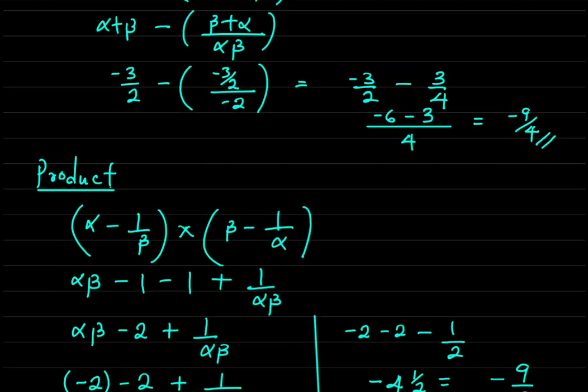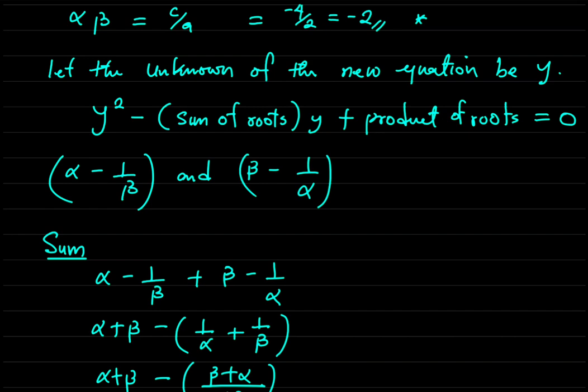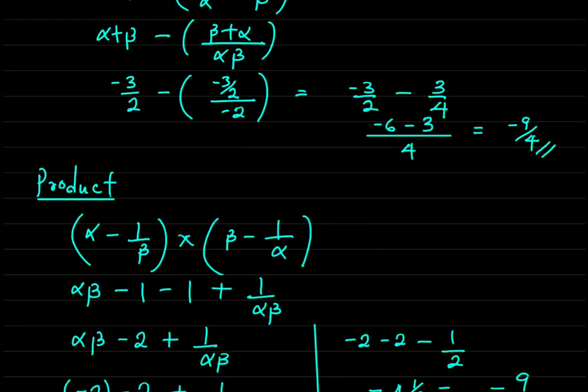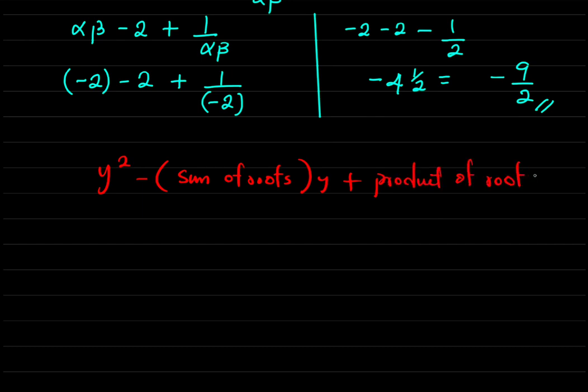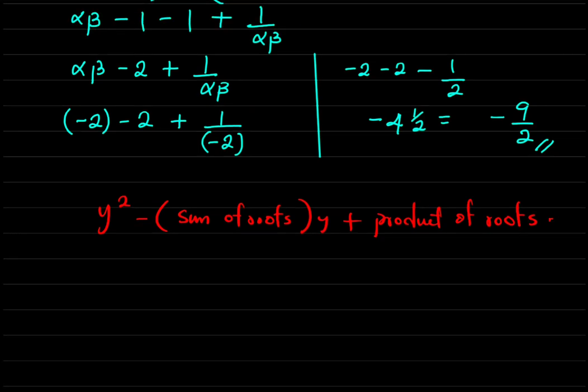Now we move back to the equation given to us. Remember, this is what we are working with. So therefore, I'm going to have y squared minus sum of roots times y, then plus product of roots, is equal to 0.